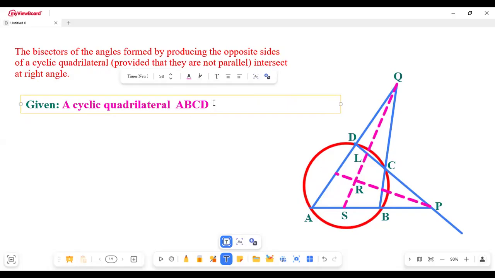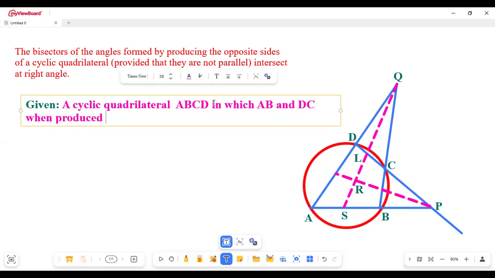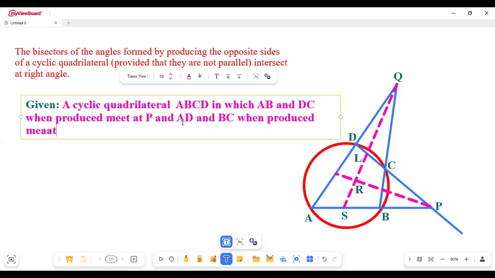AB and DC, when produced, meet at point P. And AD and BC, when produced, meet at Q.